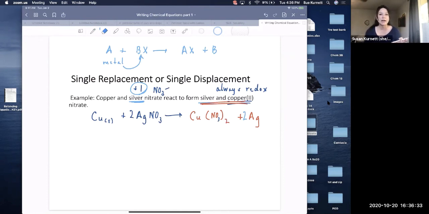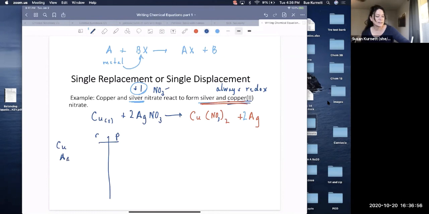When I first balance salts like copper 2 nitrate, I leave the chunks of charge together. Nitrate on the left, nitrate on the right, things like that. But when I'm ready to check that I have the right answer and I do my T-table with reactants and products, then I break things down into atoms: copper, silver, nitrogen, oxygen.